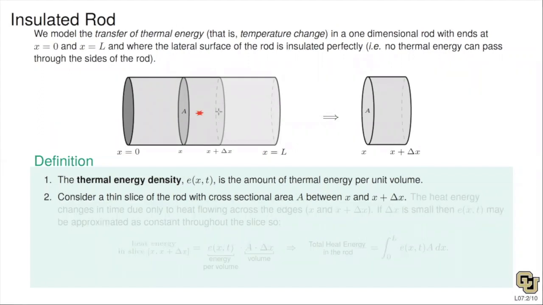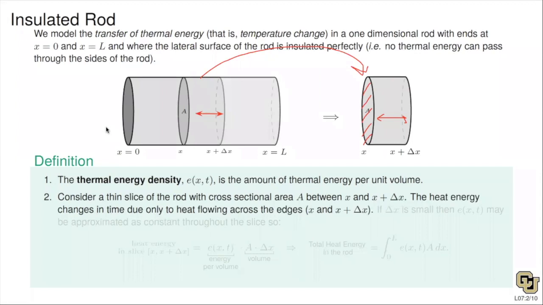Now we're going to slice up the rod and take a little thin delta x slice, and let's pull that out. We know the area of the face here is some positive constant A. If I multiply area by the thickness, I get the volume.